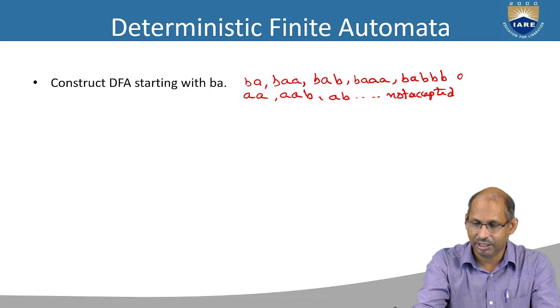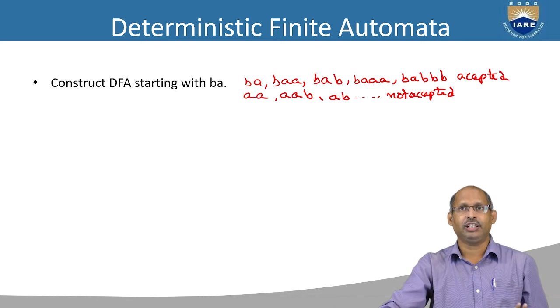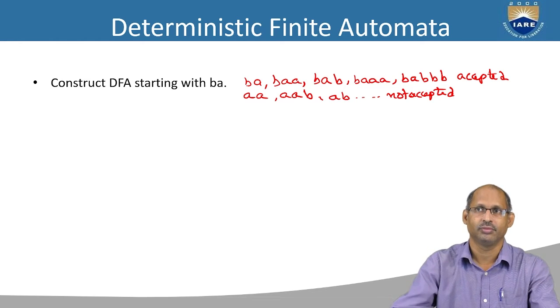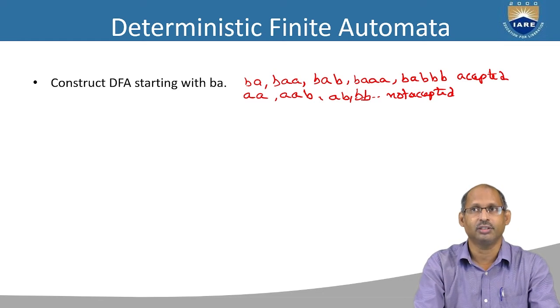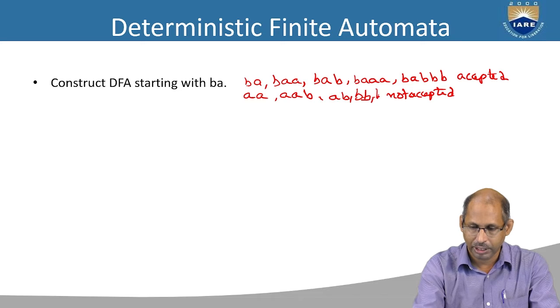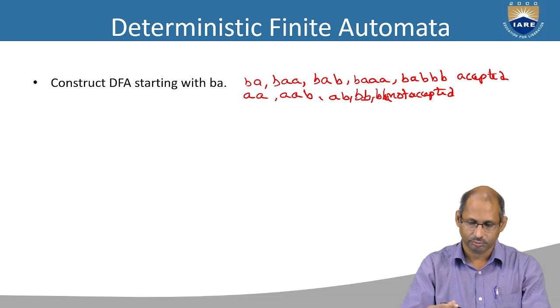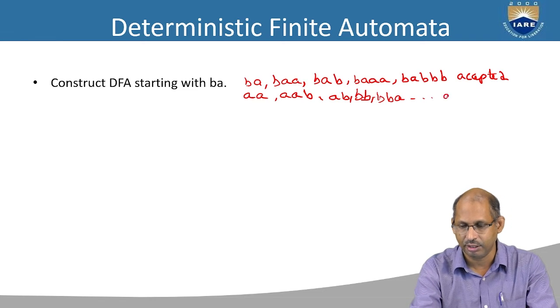Here, the strings starting with B followed by A are accepted. BB is not accepted, and BBA is also not accepted. B followed by B followed by A is also not accepted.